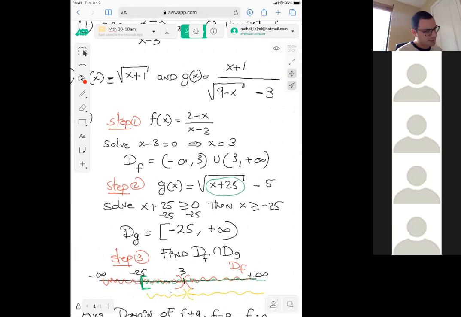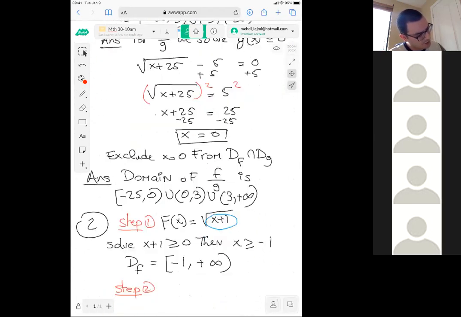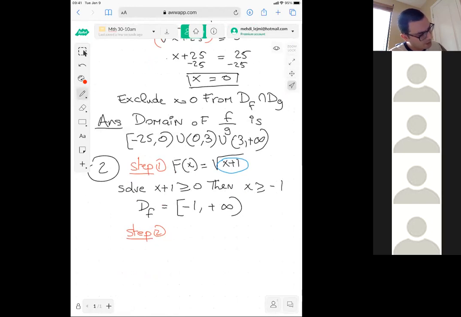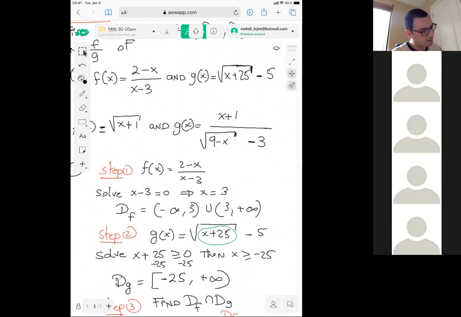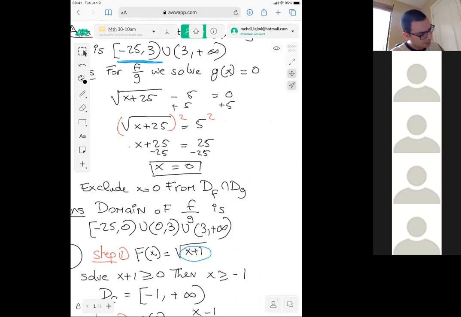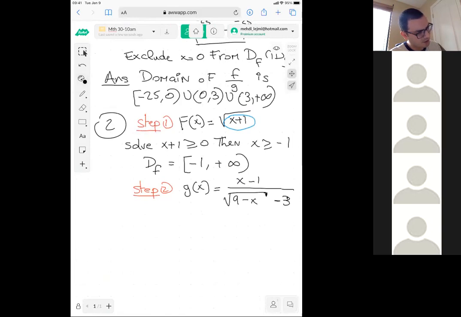G is x plus 1 over the square root of 9 minus x minus 3, right? Let me just check again. x plus 1, sorry. It's x plus 1, and it makes a difference actually. We'll see why. So x plus 1 here.